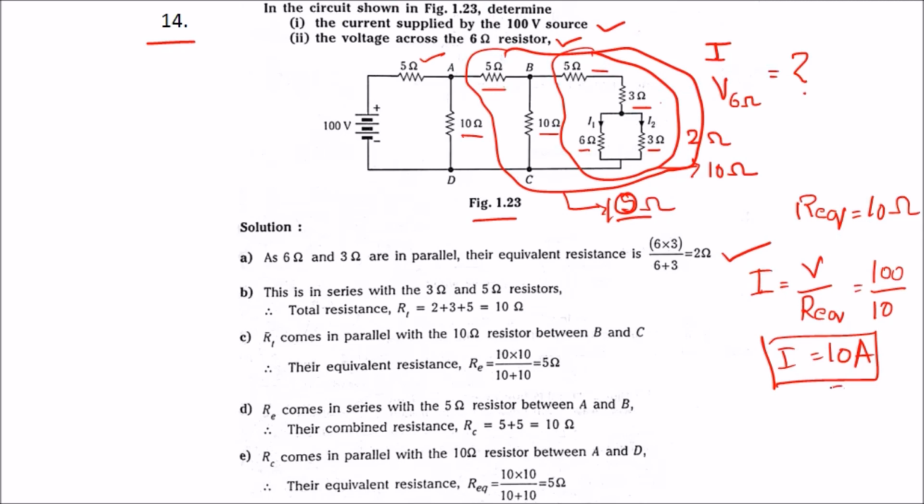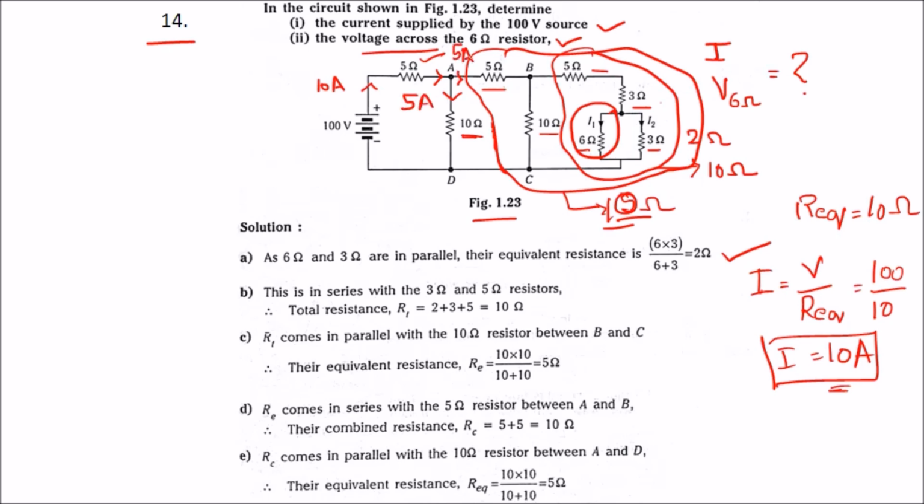Next we have to find the voltage across the 6 ohm resistance. We know the current is 10 amps. Then the current will start dividing here. This part is 10 ohms and the other parallel resistance is 10 ohms, so the current will divide equally: 5 amps and 5 amps.